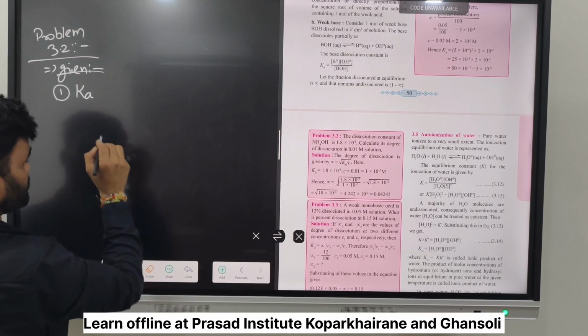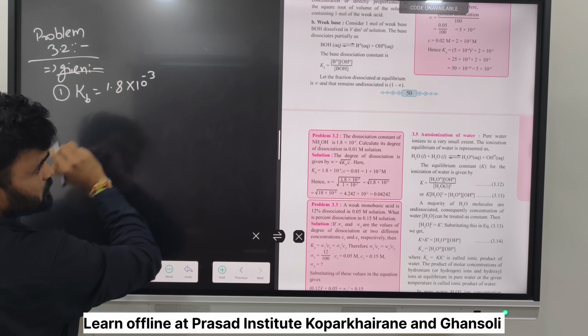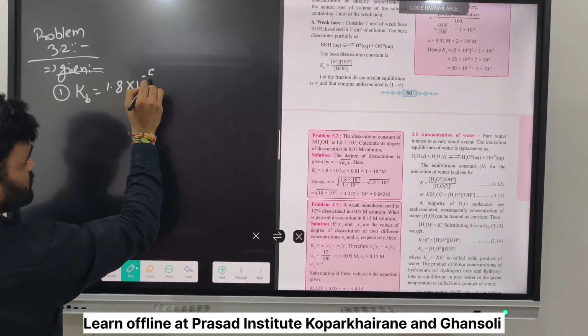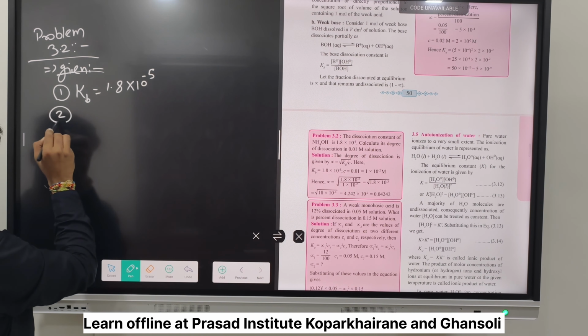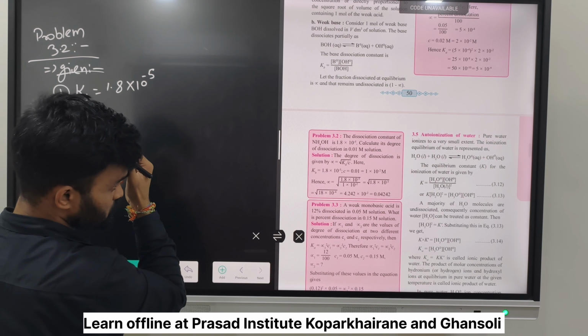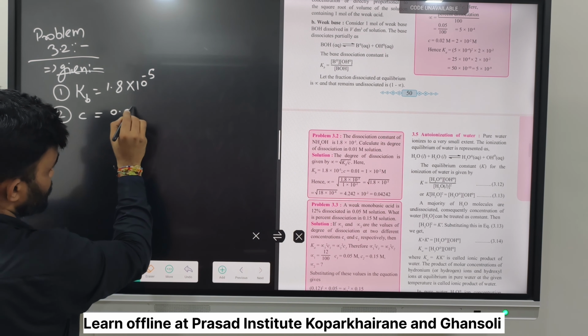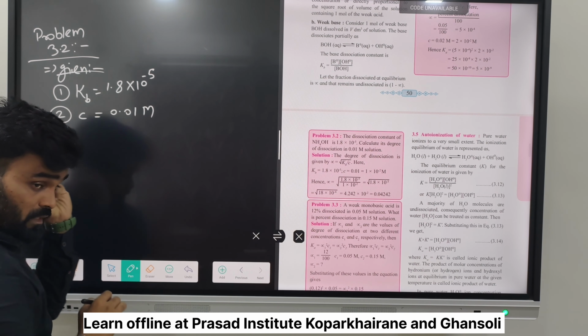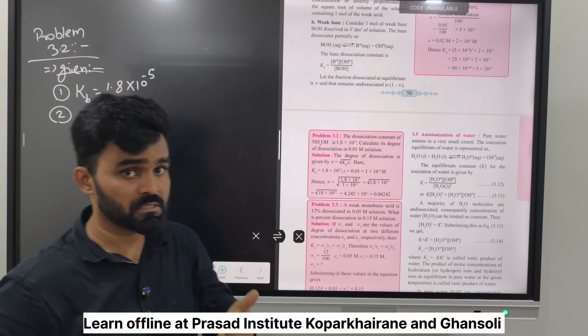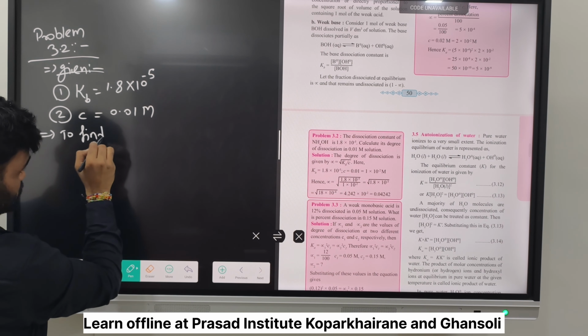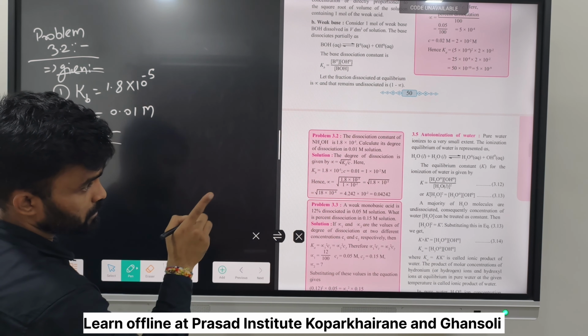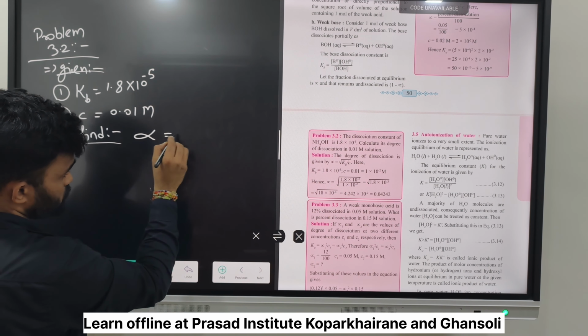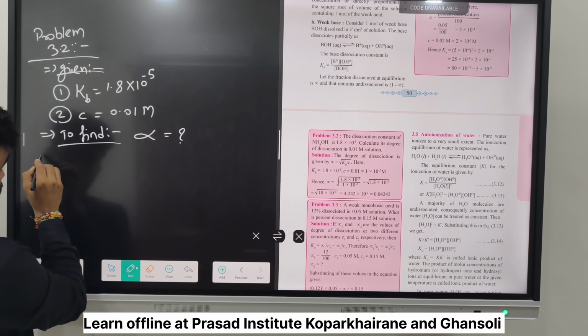Dissociation constant Kb is equal to 1.8 into 10 to the power minus 5. Second, concentration C is equal to 0.01 molar. Now that we understand this, what do we have to find out? Alpha. Degree of dissociation means alpha.